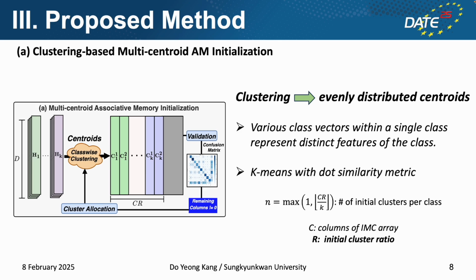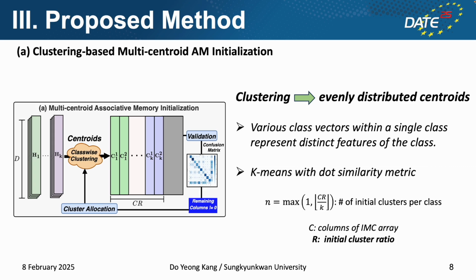The first step is clustering-based initialization. First, we cluster the encoded sample hypervectors within each class. This clustering approach ensures that multiple class vectors representing the same class are well distributed in the sample hypervector space, with each vector capturing different features.